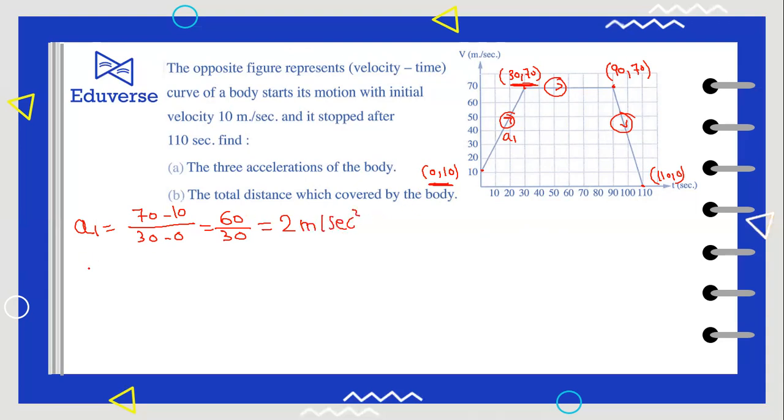That's acceleration 1. Acceleration 2, for the second motion, will be 0 because it's a uniform motion. No acceleration here. The acceleration of stage 3 is the slope for these points, 70 minus 0 over 90 minus 110. It will be negative 3.5.